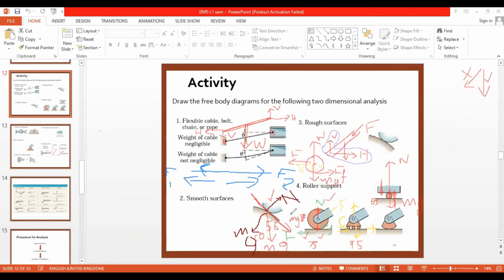If I ask only about the whole system, then you don't need to break it into free body diagrams. It is enough if you apply the equations only to this whole diagram. If it is necessary only, you need to break this into free body diagrams. If it is not necessary, it is enough to stop with this and find the value.